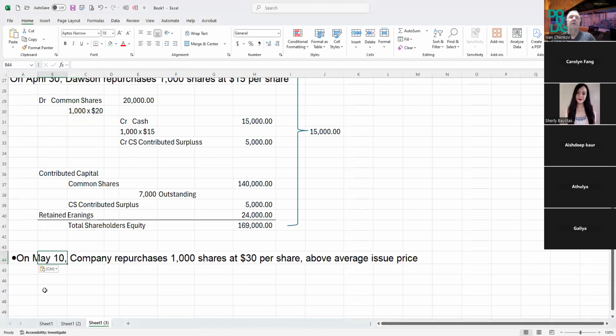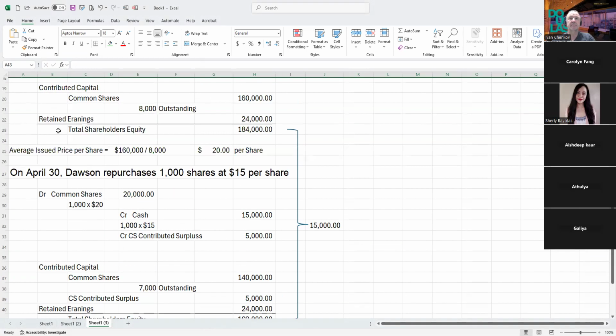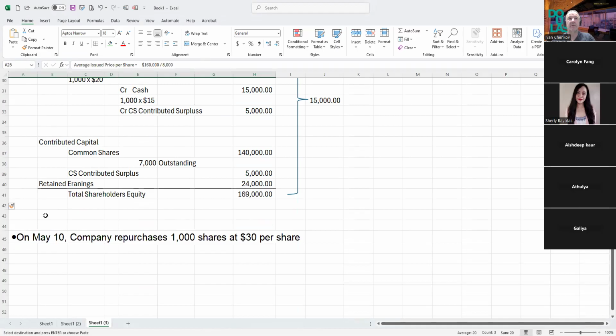On May 10, we're going to repurchase 1,000 shares, but now we're going to pay $30 per share. Let's eliminate this one and see what happens now. What is our average price per share? It should be the same, correct?